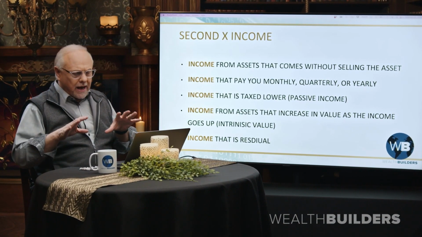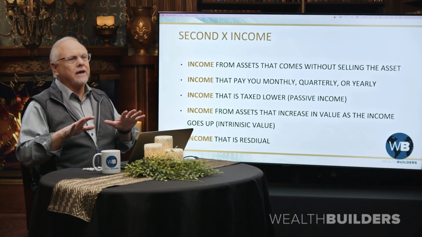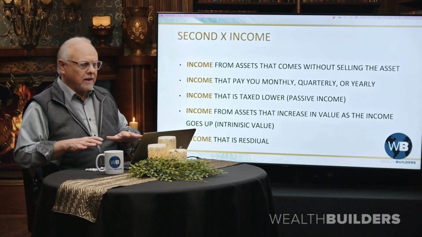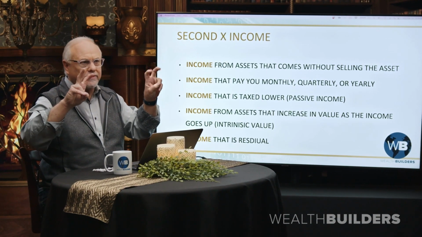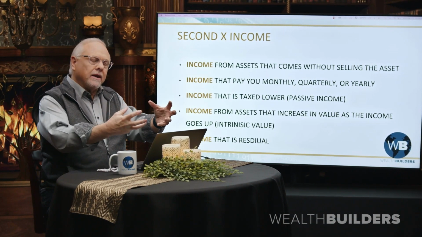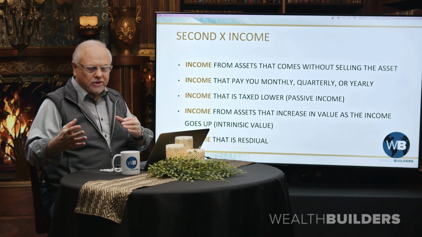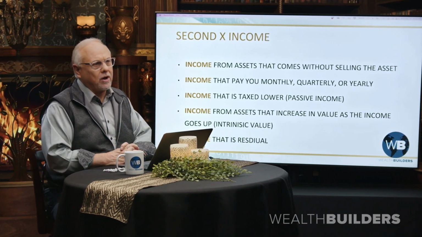Now, let me tell you what I'm not talking about before I tell you what I am talking about. When I talk about a definition of these assets that actually produce income without you selling them, I am not talking about gold and silver. As you're watching this video right now, the stock market has gone down here in the last couple of days, the last half week or so, including today, and it's trying to go up.